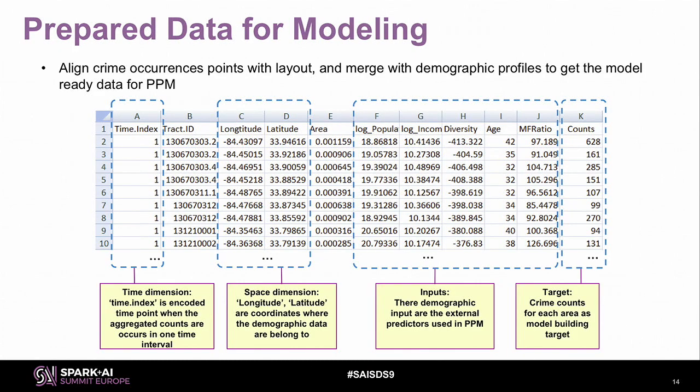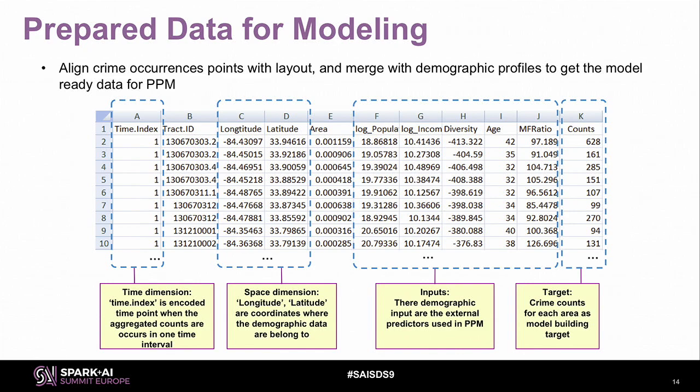Okay, so that's what the prepared data looks like. You can see that for the time index here, we already encoded the time point, and we aggregate the counts occurring in one time interval. The time intervals are predefined, depending on the analysis you want.